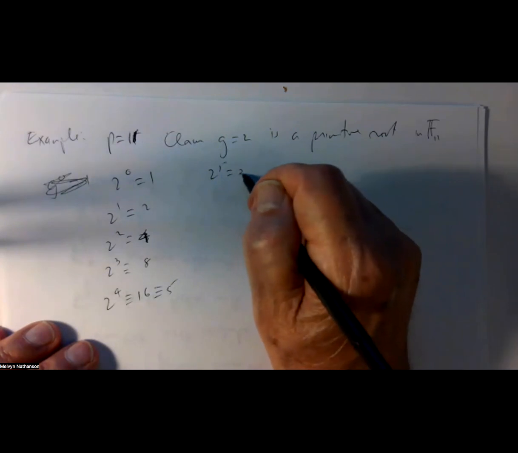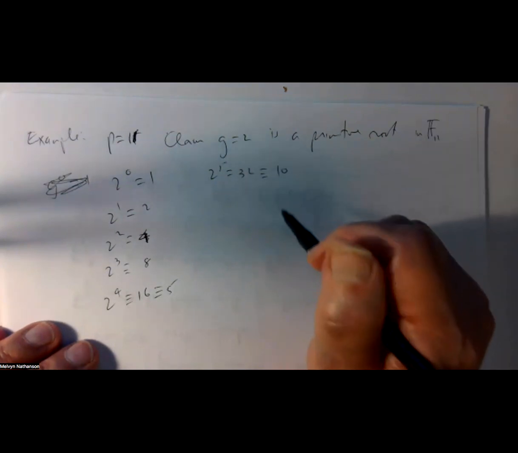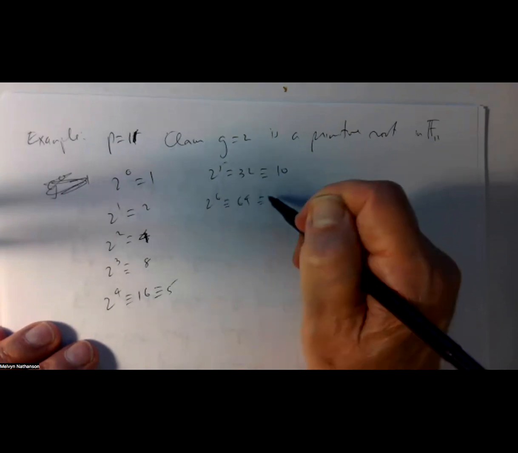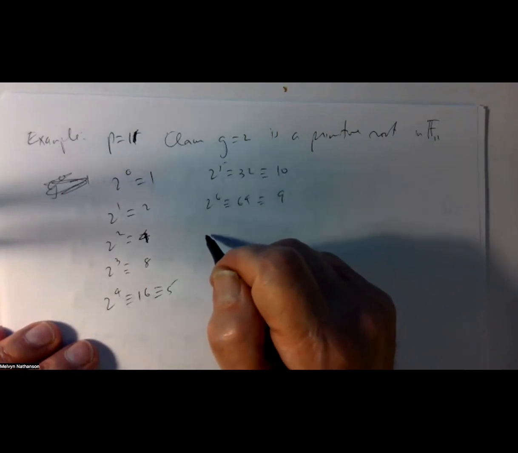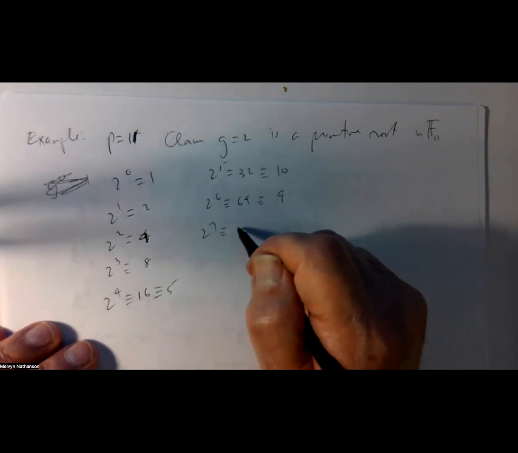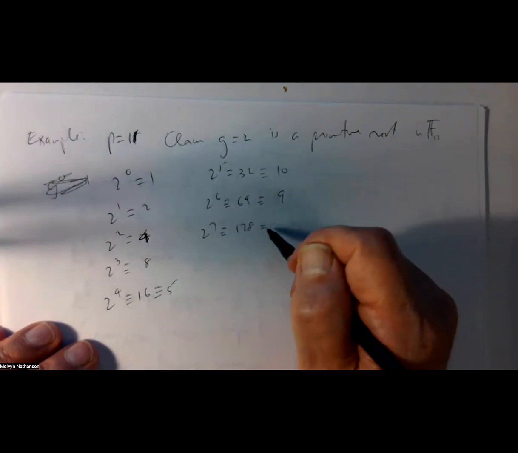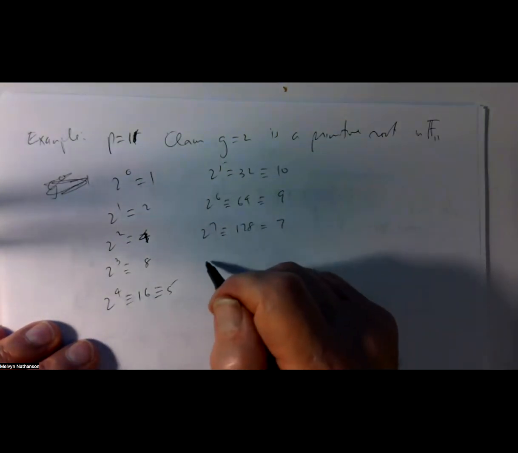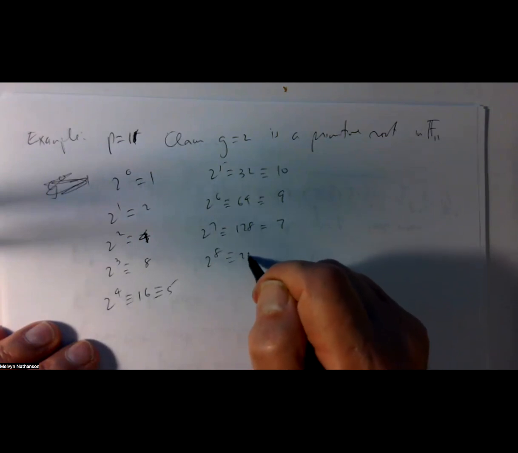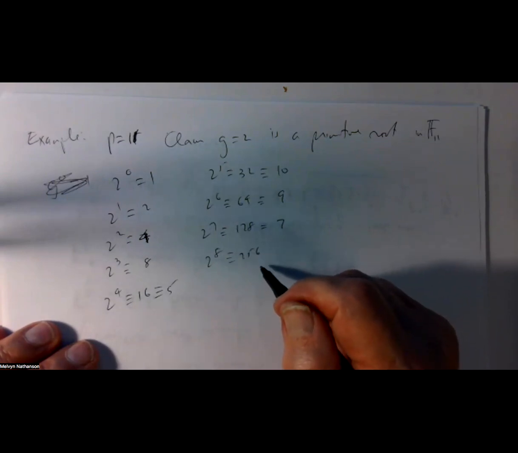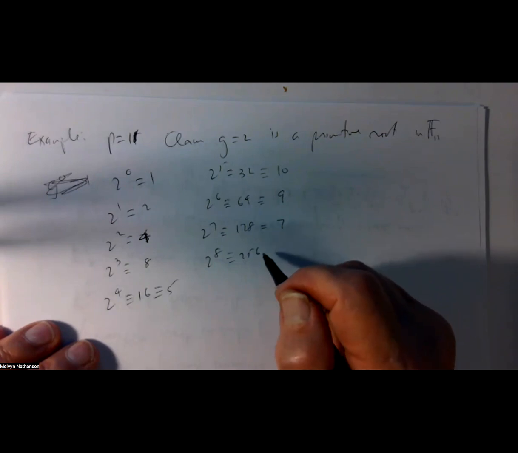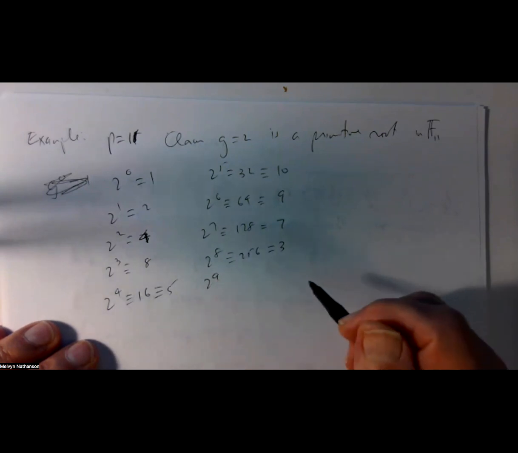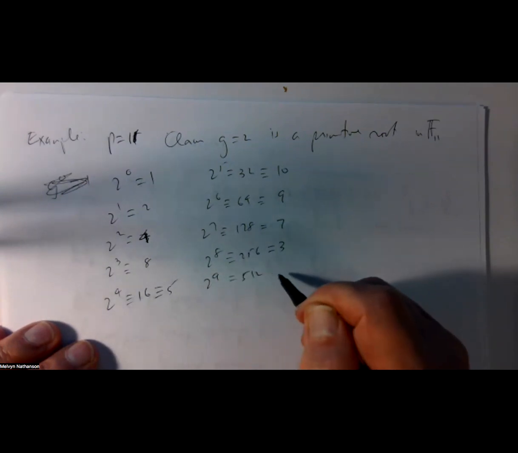2 to the fifth power is 32, which is 10 mod 11. 2 to the sixth is 64, which is 9 mod 11. 2 to the seventh is 128. What is that mod 11? I believe it's 7. 2 to the eighth is 256. If you divide that by 11, what is the remainder? I think it's 3. 2 to the ninth is 512.